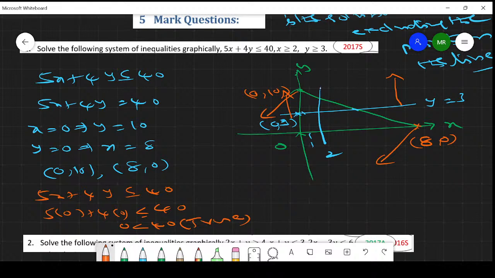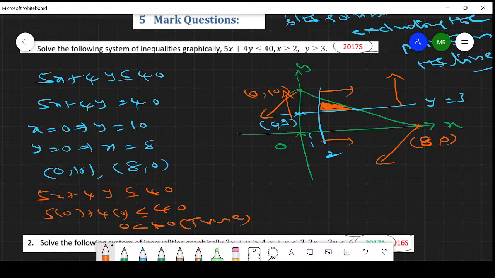When towards right side, I can represent like this. So finally, the common part will come this side, only this is the common part. Correct? That is our solution region. This triangle.